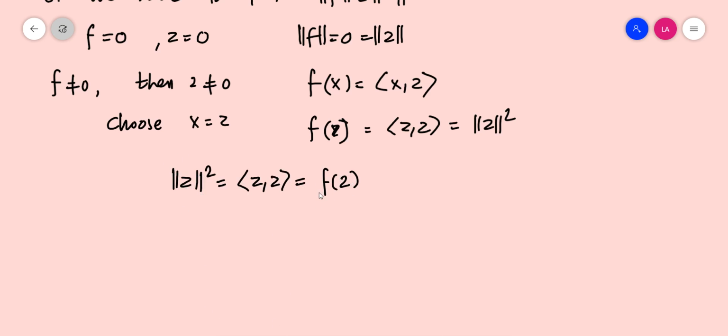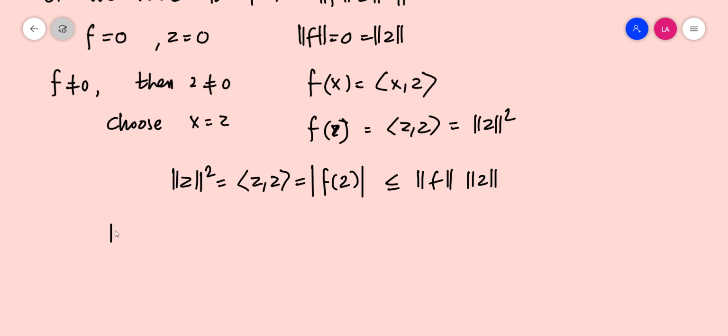and since f is actually a bounded linear functional, modulus of this is less than or equal to norm f times norm z. We can take this modulus as well because we have considered norm z the whole square, and norm z the whole square is always positive.